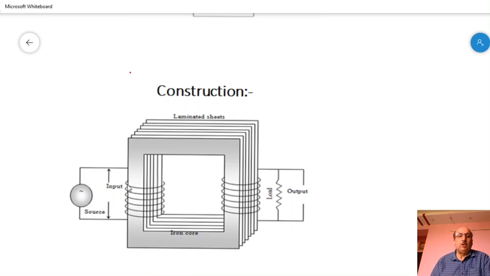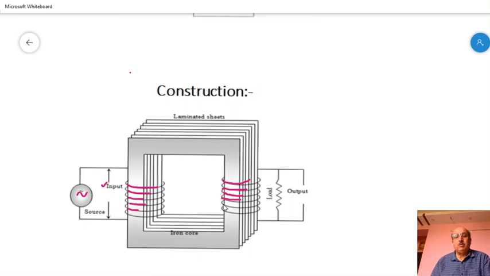One of them is called the primary coil, where the input source is applied. Here is the source. And the other coil is the secondary coil.